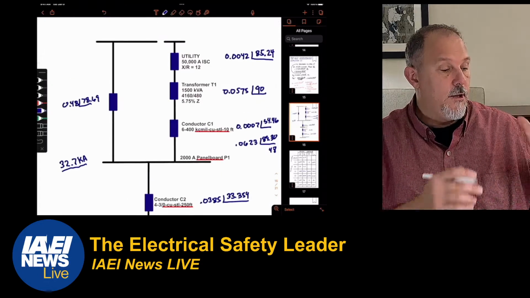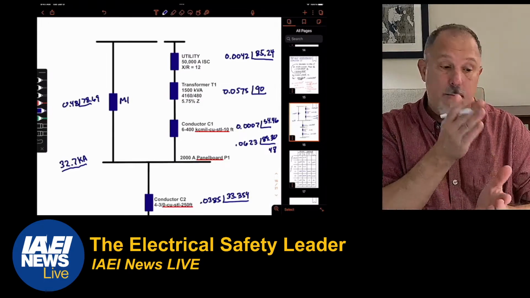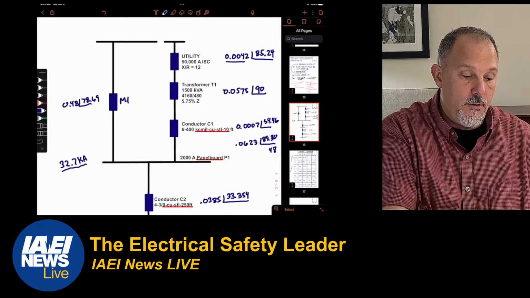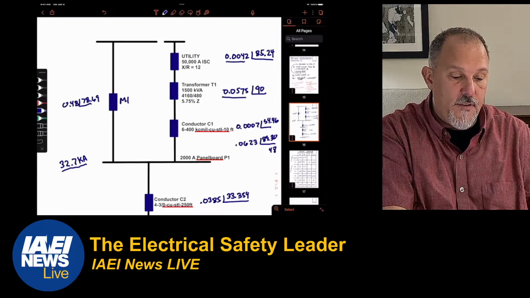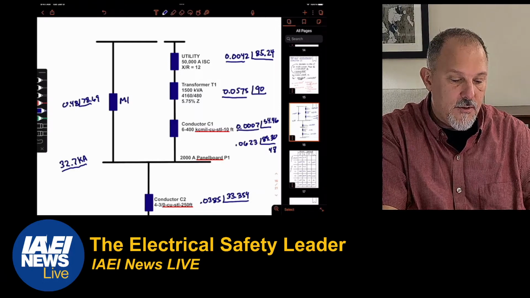All right, so this is motor 1, and it is in parallel with the utility, which is 0.0042, with the transformer 0.0575 at an angle of 90, with conductor 1, which is 0.0007.